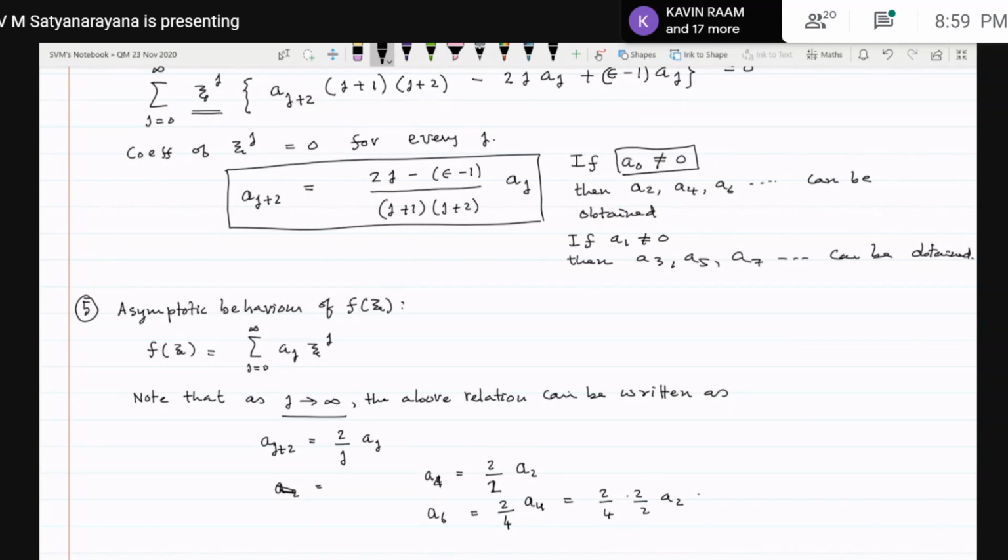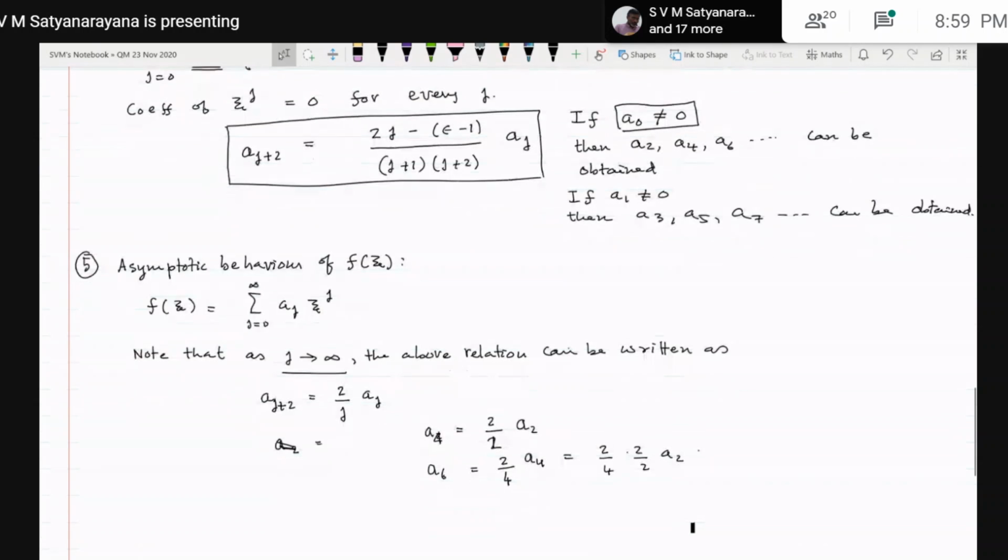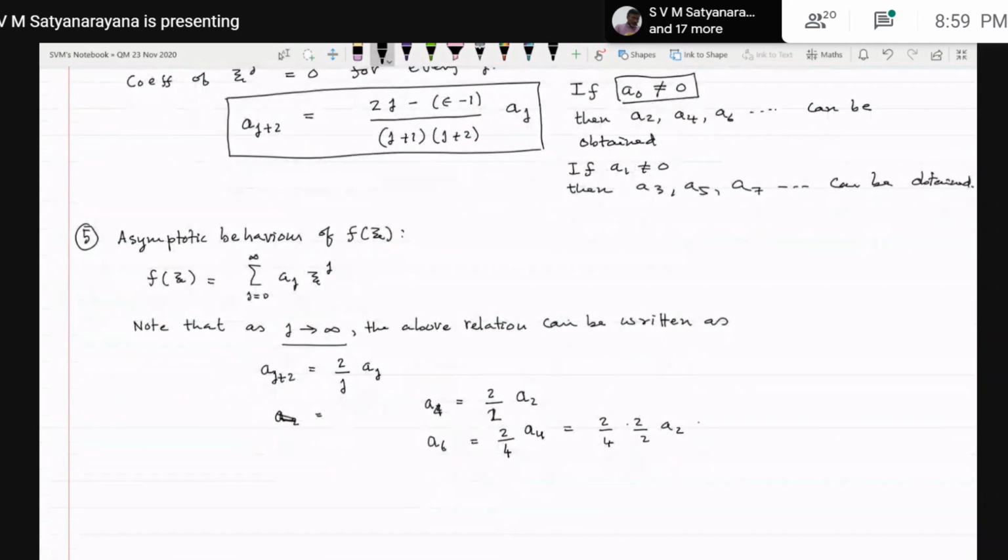and so on. So you can see that if you are looking at, let's say, A8, let me write one more time, which is 2 by 6 into A6, which is equal to 2 cube divided by 6, 4, 2 into A2, and so on.